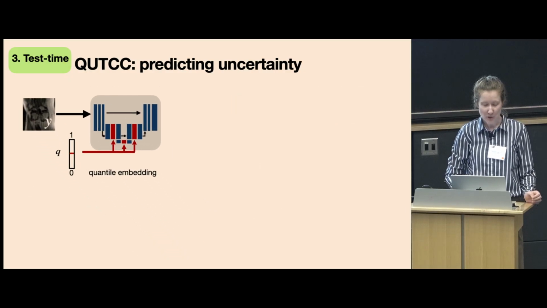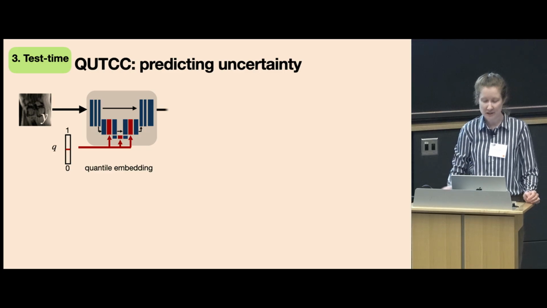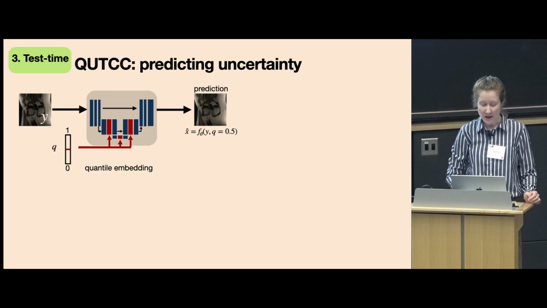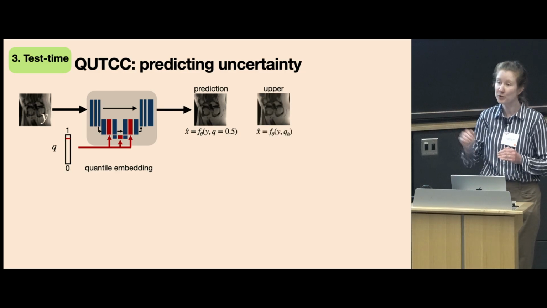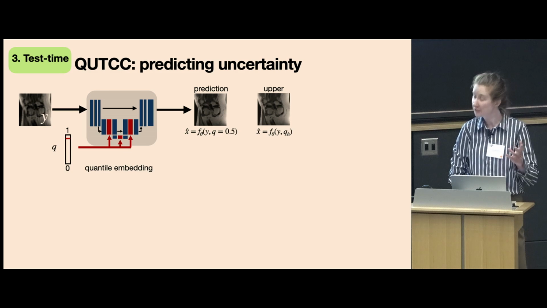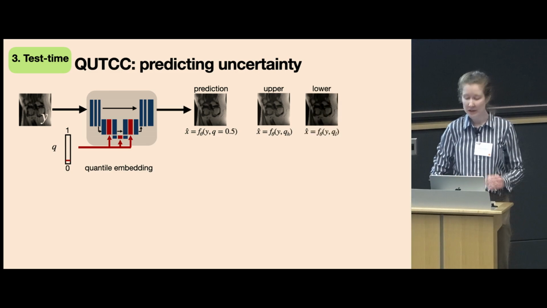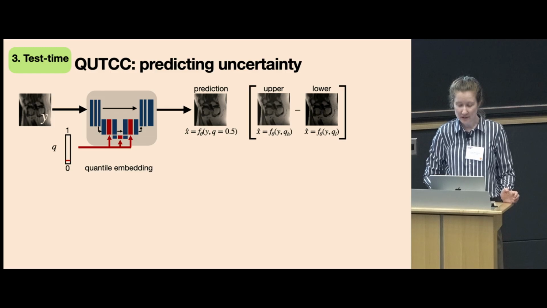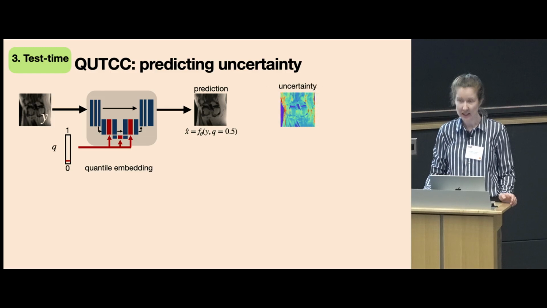So at test time, what happens is we query the network at q equals 0.5 to get the median prediction. And then to get the upper bound, we'll choose a higher quantile that's set through the calibration procedure to achieve coverage, and a lower quantile to get our lower bound. If we subtract these two quantities, we get a notion of the pixel-wise uncertainty in the scene.